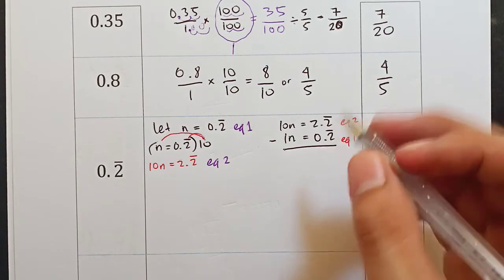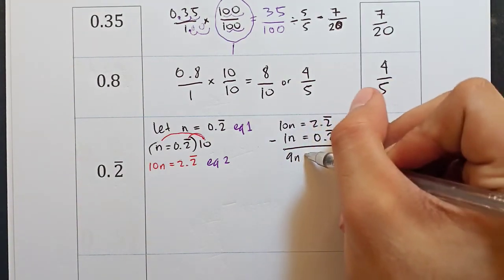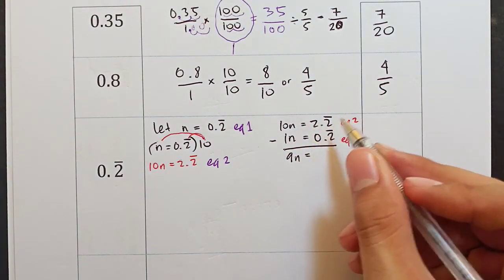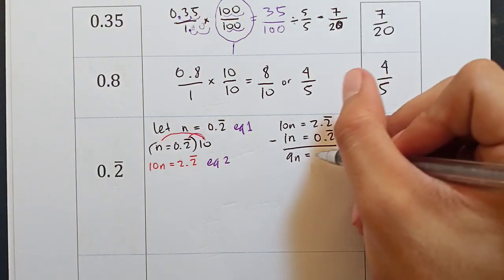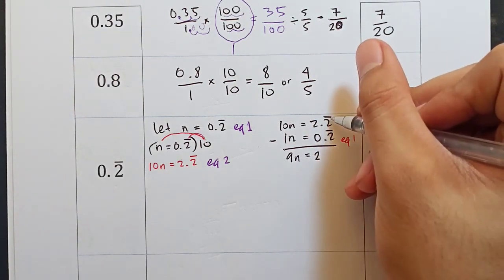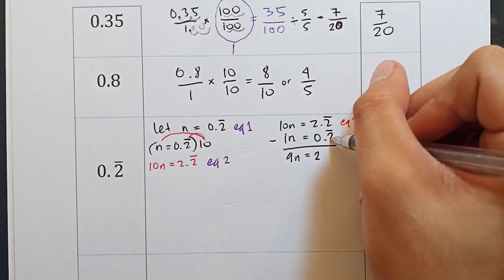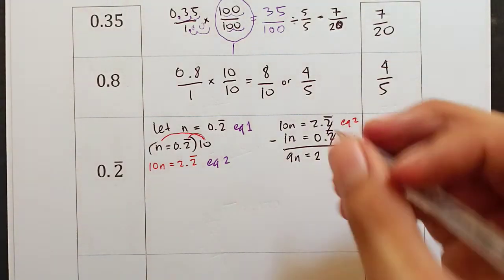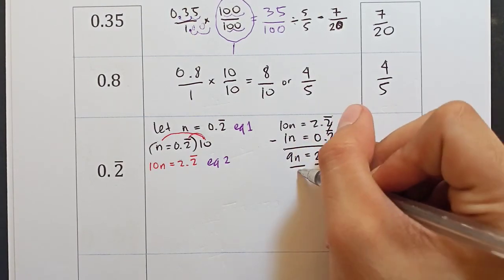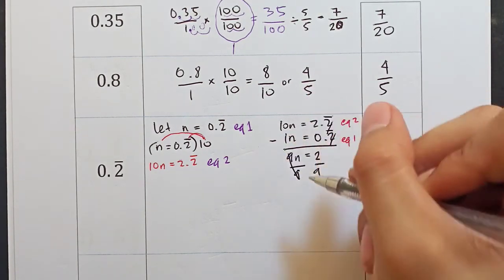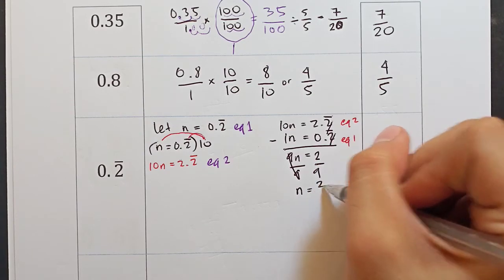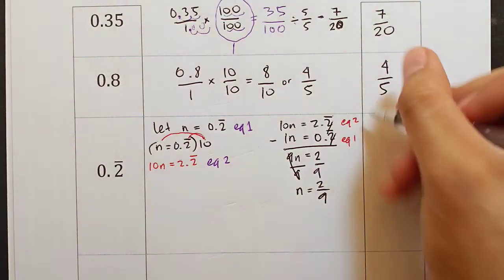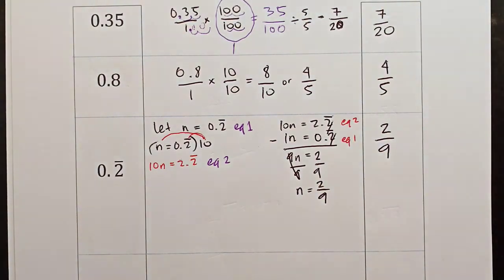So, 10n minus 1n is 9n equals 2.2 bar minus 0.2 bar will be equal to 2. Kasi itong 2 bar at 2 bar makakancel na yan. Then, divide both sides by 9. Para makancel si 9, then matitira n equals 2 over 9. Ito na yung sagot. 2 over 9.